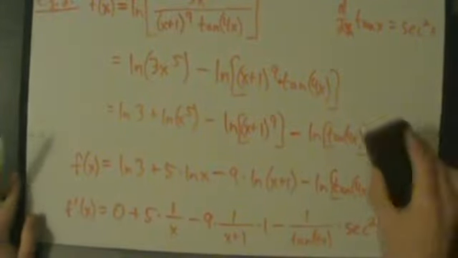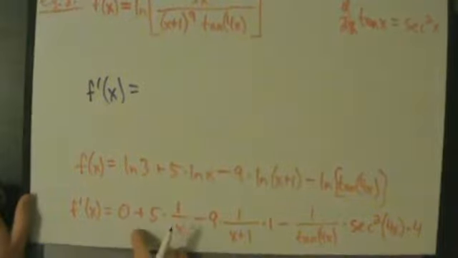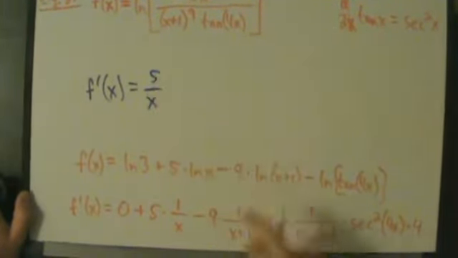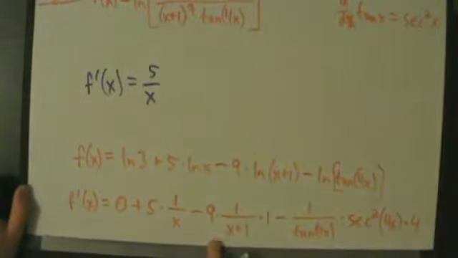Now let's go ahead and simplify. Not really much to simplify, but we can just clean it up a little bit. So we're out of room over here, I guess we'll just erase this. So if we come back up here, then we can say f prime of x. Let's use a different color for no apparent reason. So f prime of x equals 0 plus, so we'll just say this is 5 over x, and then minus 9 over x plus 1.